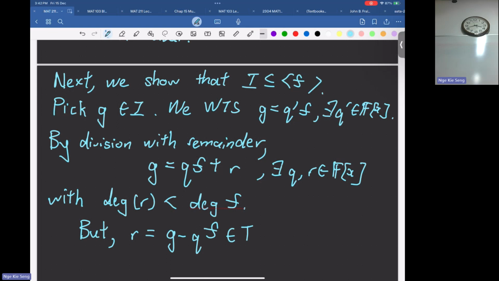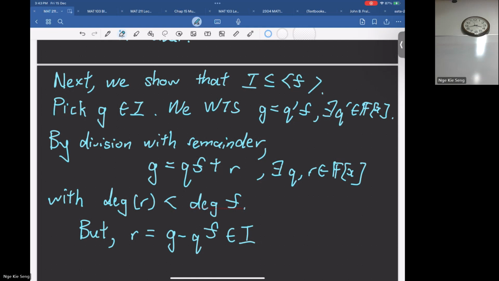So why is there a contradiction if r is in I? It's the degree problem here. Remember that f is the smallest degree that we pick in I. But now I generate a function with smaller degree in I. So this contradicts the minimality of the degree of f.